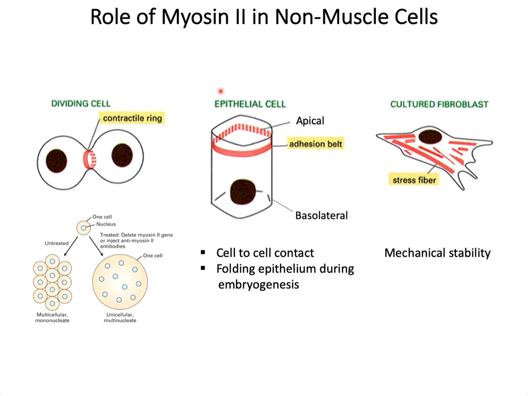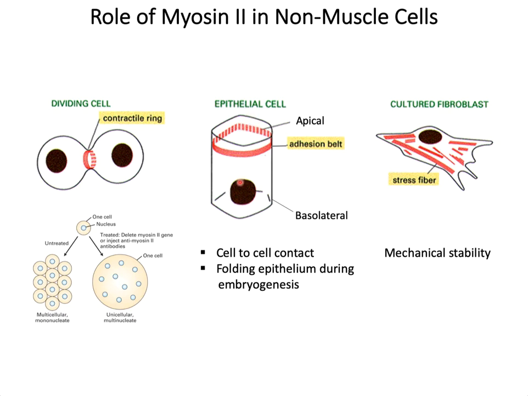Another important role of myosin 2 is to interact with the actin in the region of the epithelial cell known as the adhesion belt, sometimes also known as the adherence ring. The adhesion belt is a band of actin and myosin 2 that is found right below the tight junction. Remember we said that the epithelial cells are polar. They have an apical region and they have a basolateral region, and in epithelium they interact with each other through these tight junctions.